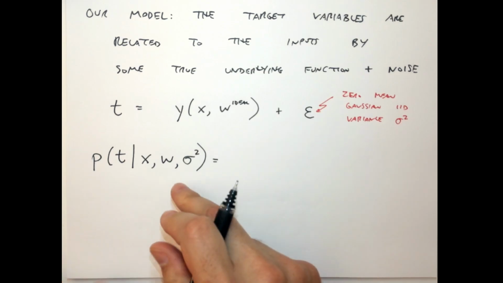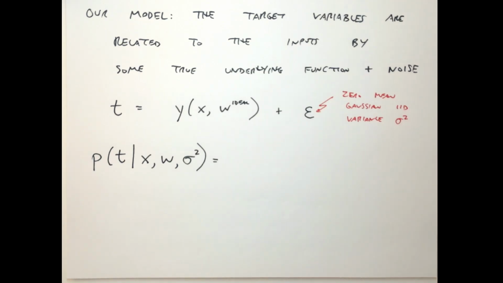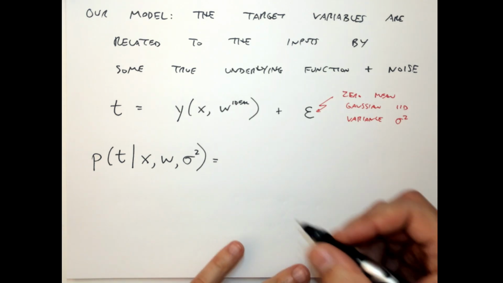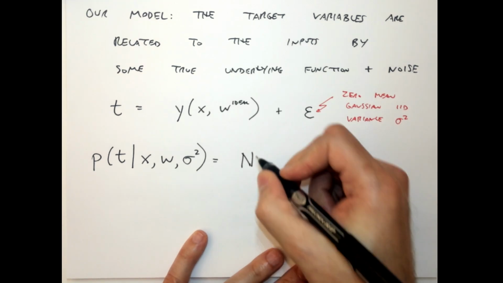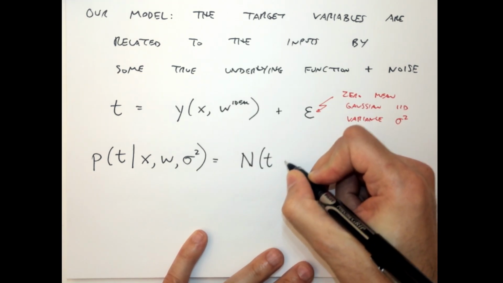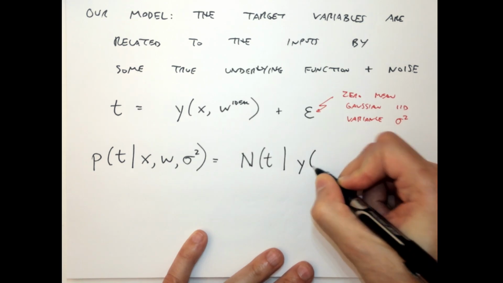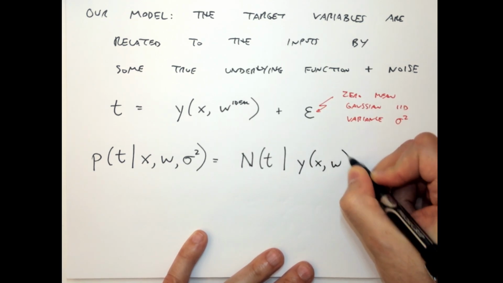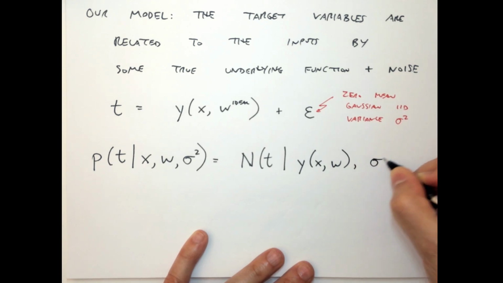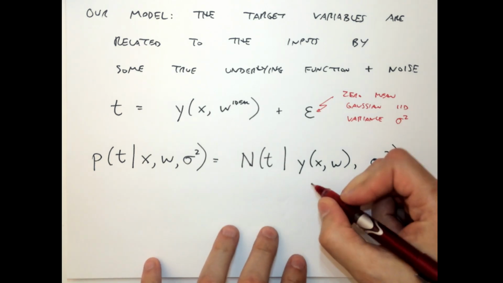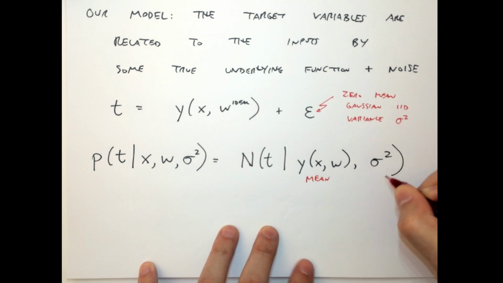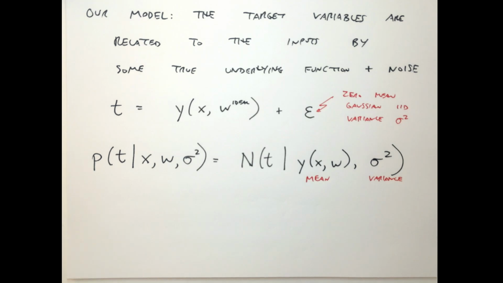If I told you W, then this is a normal distribution of this number centered around some true mean value, with variance sigma squared. So the mean of this normal distribution is the truth, and then I have a Gaussian distribution around that given by whatever the variance of my noise is.